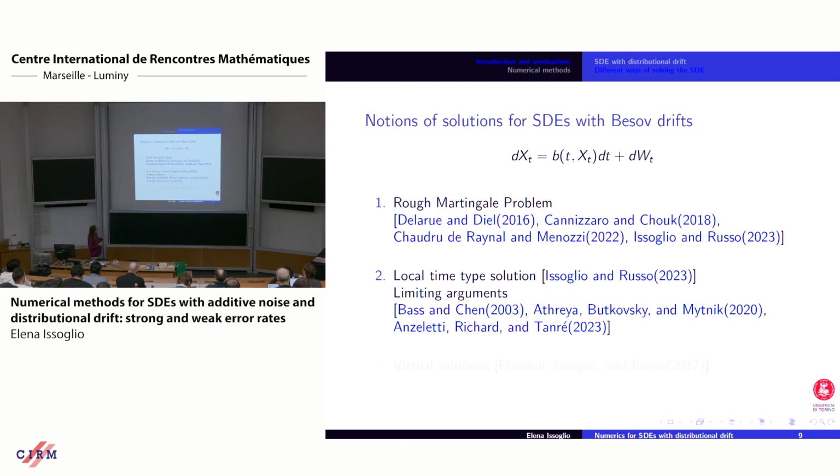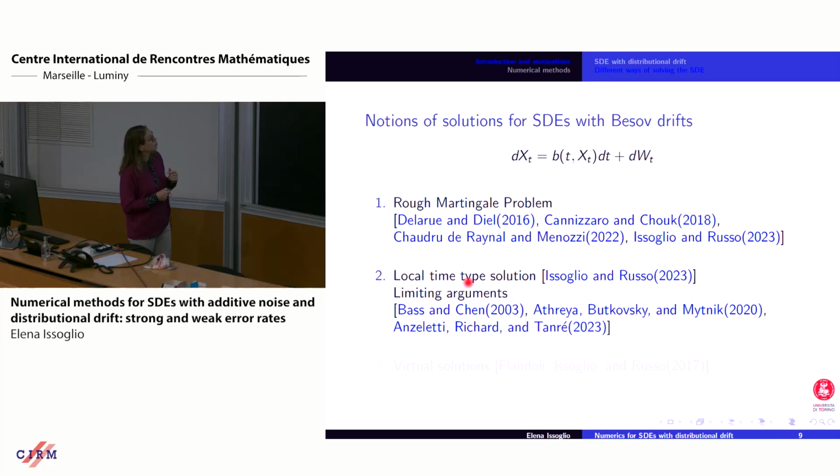The second type of solution is what I like to call local time type solution, but also, which is very close to limiting argument solution, and the main idea is to say, okay, I don't know what B is. I approximate B with a sequence B_n, and then try and see what happens at the limit. If I get something which makes sense, that is the meaning I give to my equation as a limit of something.